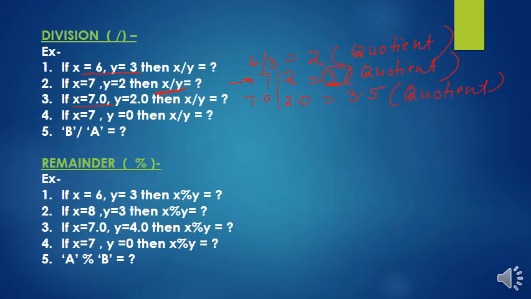If the values have a fractional part, 7.0 divided by 2.0 will give 3.5 as a quotient. And if 7.0 is divided by 2, then also it will give the value 3.5 as a quotient.